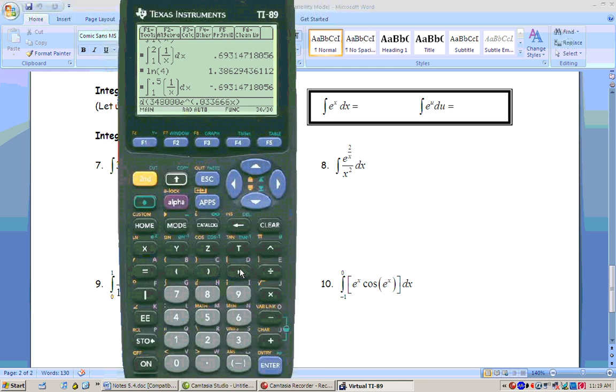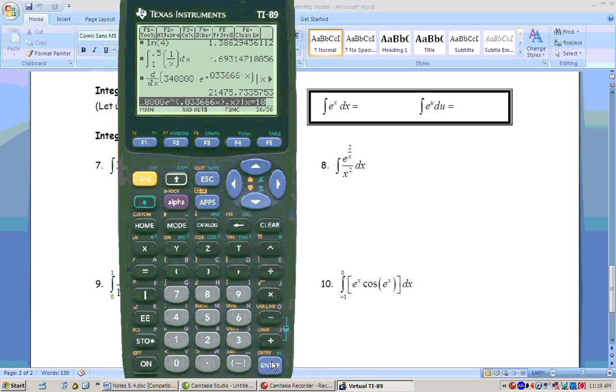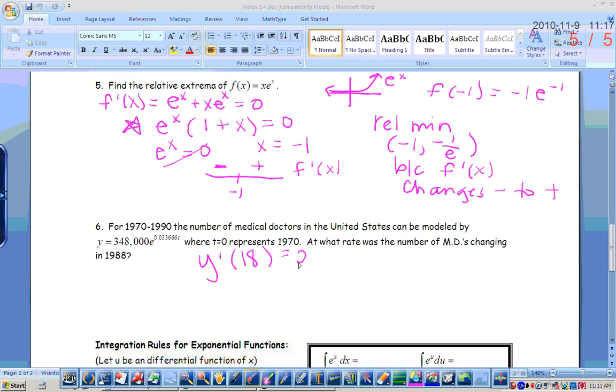Anytime you take a derivative, you have to do comma x and close your parenthesis. And then we want the calculator to evaluate that derivative when x equals 18. So you do the bar x equals 18. And then diamond enter. 21,475.